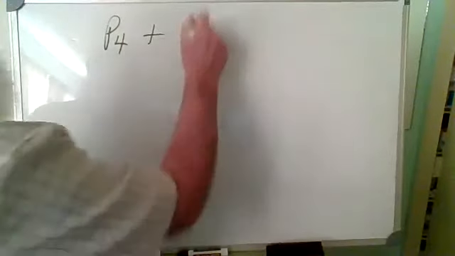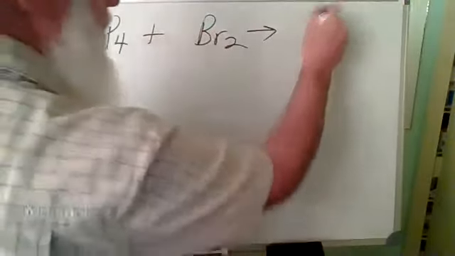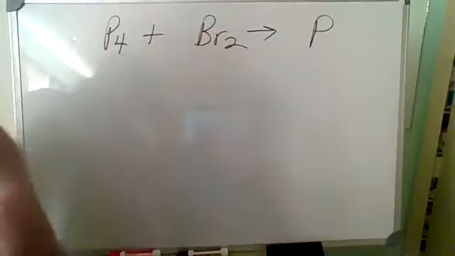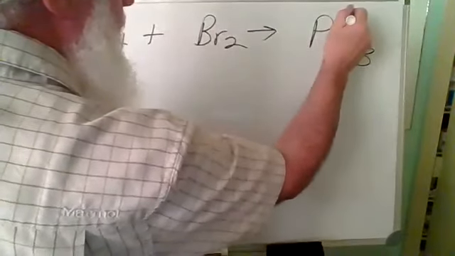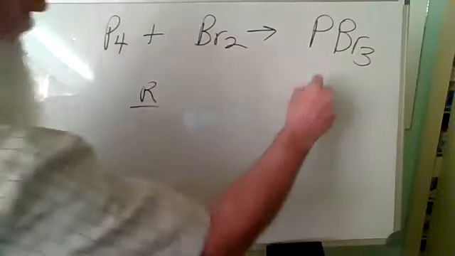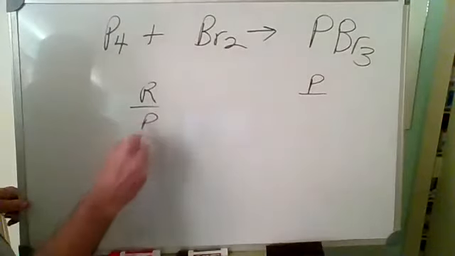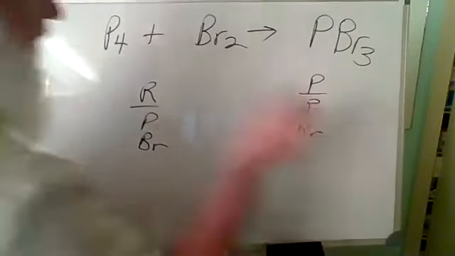All right, let's look at this. Okay, so here I'm going to write reactants and products, phosphorus and bromine, and phosphorus and bromine.